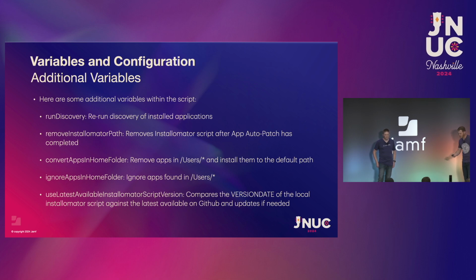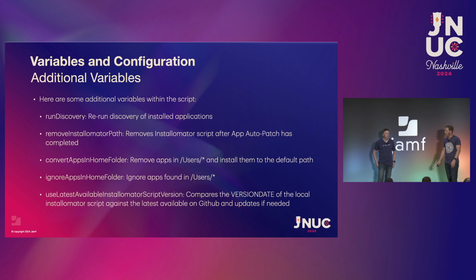There's also the option for handling apps located outside of or inside of the user's home directory. So you can either ignore these apps entirely, or you can convert them to go into the default application directories. So there's management there.